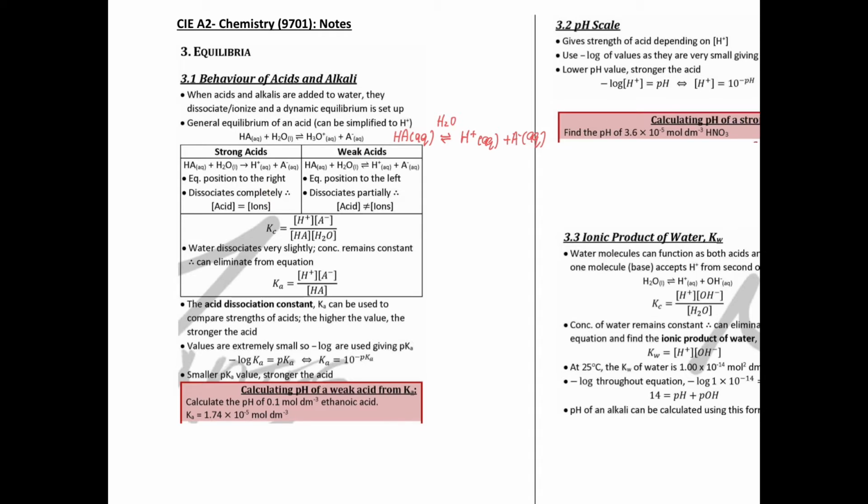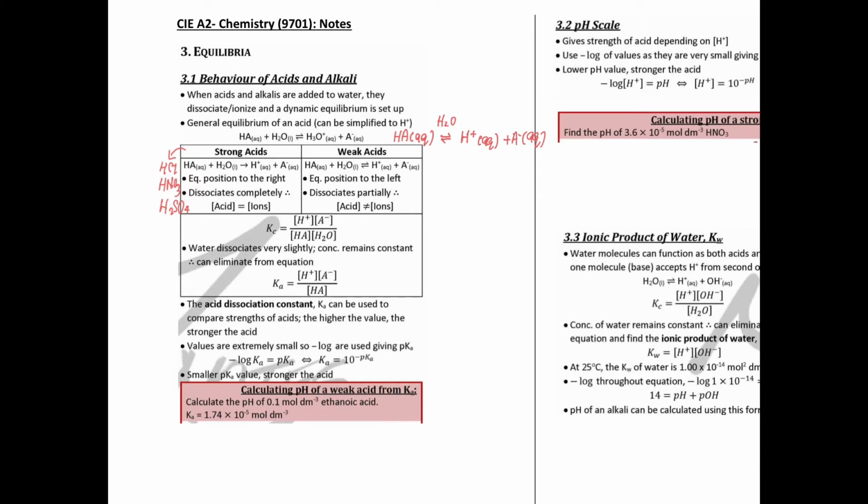Of course I just put it here just to make sure. For strong acid: HCl, HNO3, and H2SO4. Basically, these three are the famous examples for strong acid.